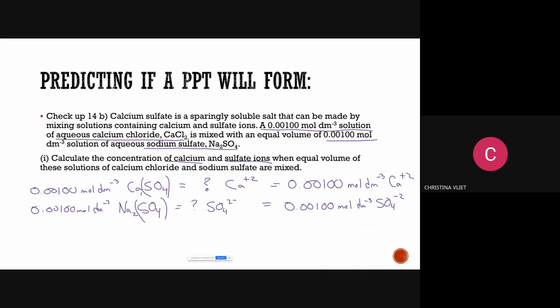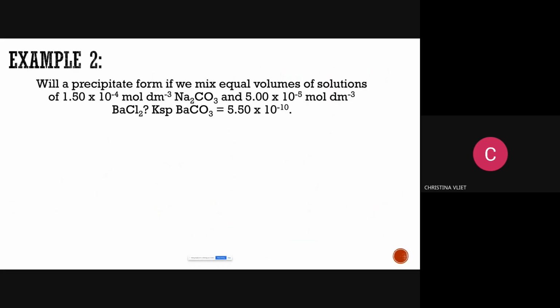The first thing you needed to do before starting was find the concentration of each of the ions that could precipitate. So the first thing you should do here is find the concentration of barium and carbonate in the solution you're about to prepare. So how would I do that?